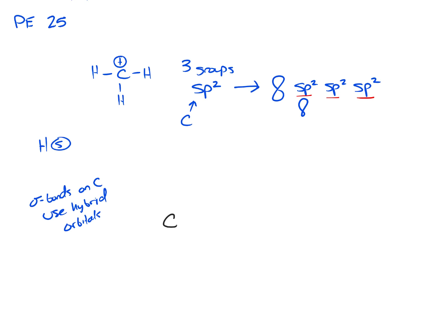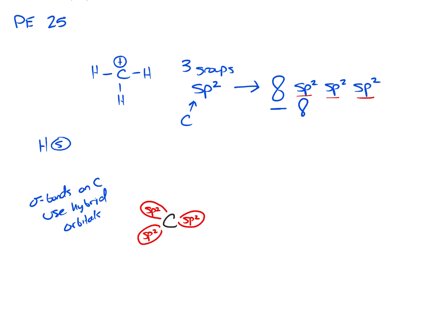Okay, and let's arrange those around as far apart around the carbon as possible. So there's carbon's sp2, sp2, sp2. Okay, but we know the carbon also has a p orbital, and it has to be there.